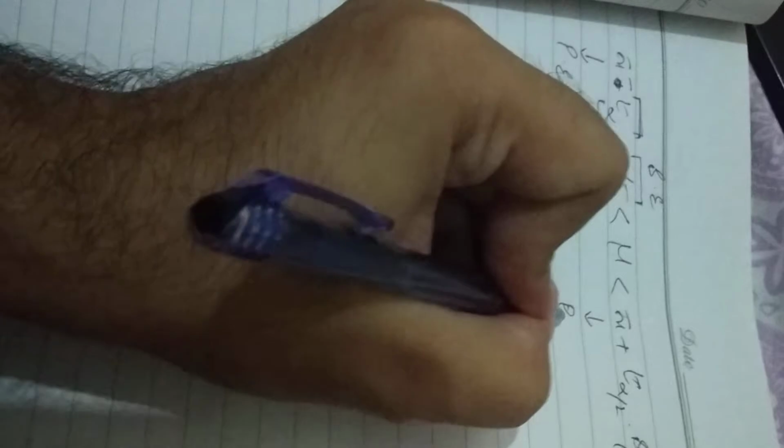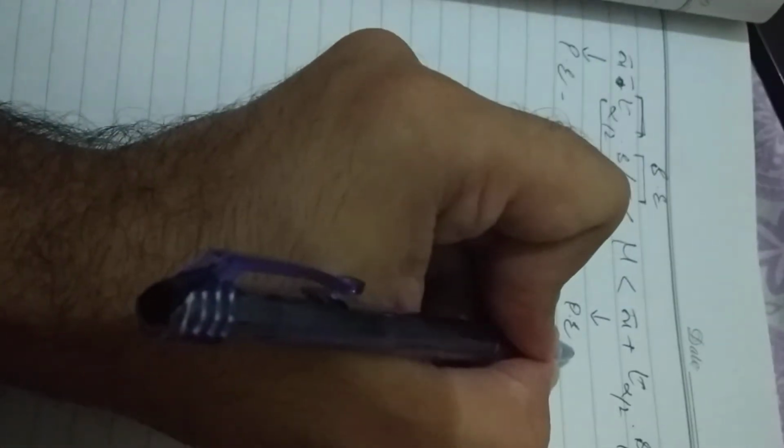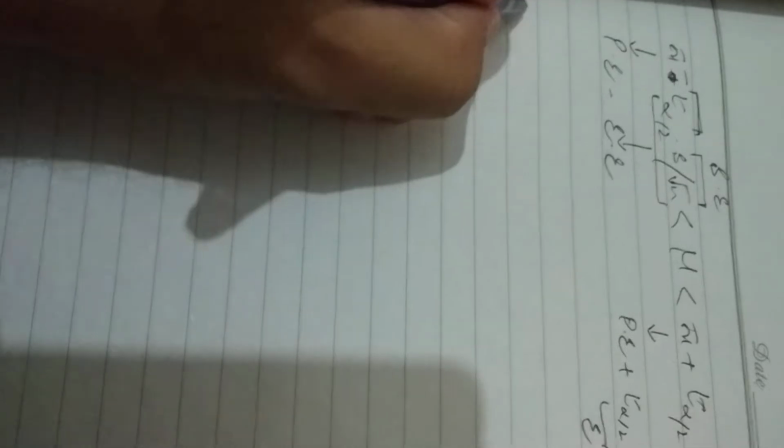Same goes here. Point estimator plus t alpha by 2 standard error, and that makes estimating error. So my first requirement for any question of one sample t-test will be the value of point estimator.